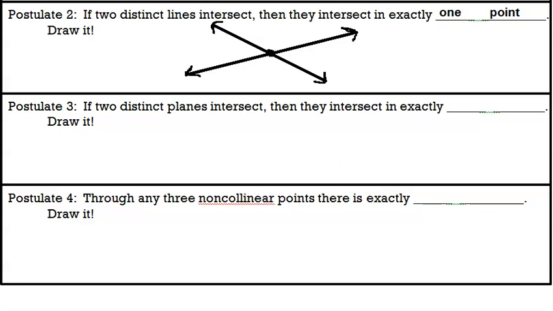Now, this third visual, what would happen if you had a plane? So this is sort of, think of it like that piece of paper discussion. What would happen if you had a plane intersecting with another plane? Sometimes you see examples like this where people will do it with cardboard.